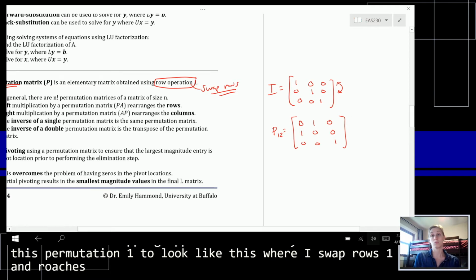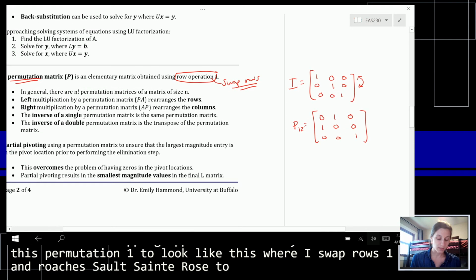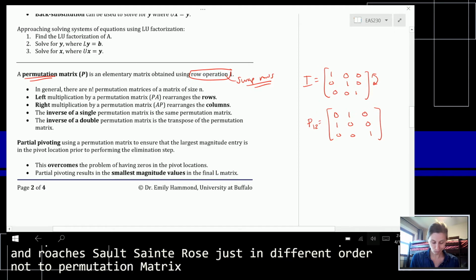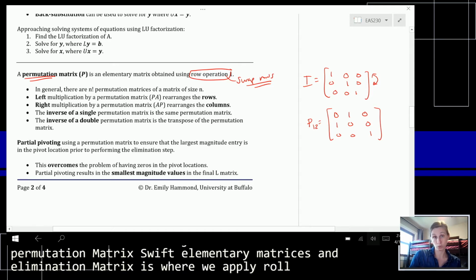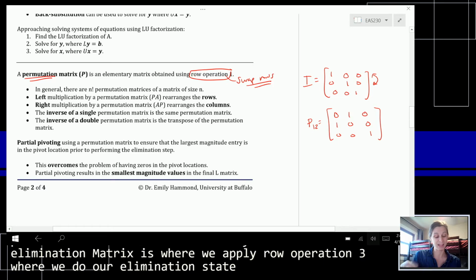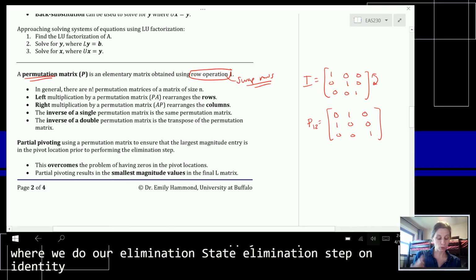So same rows, just in different order. That's a permutation matrix. So we have elementary matrices. An elimination matrix is where we apply row operation 3, where we do our elimination step on identity. A permutation matrix is where we swap our rows.